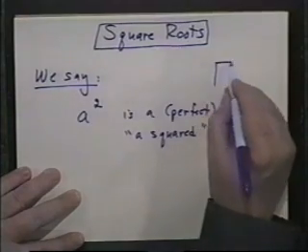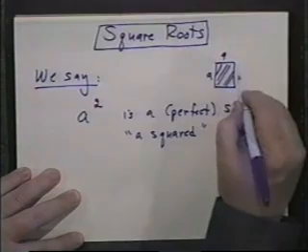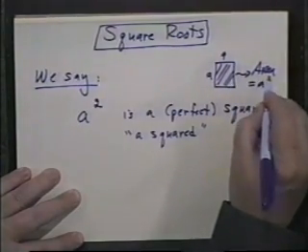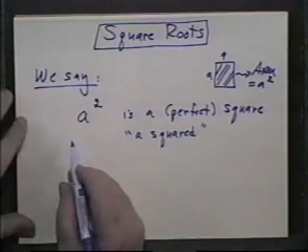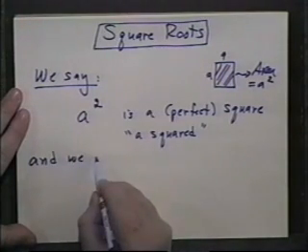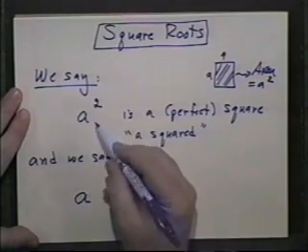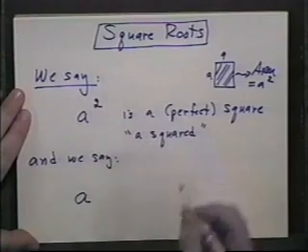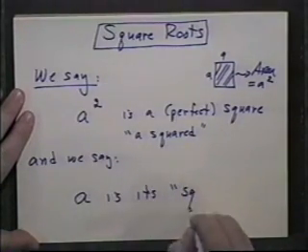Remember, that's because if you have a square of side a, then the area of that square is equal to a times a, or a squared. Once we say that, we say also the following. We say that a, the number here that is taken to the second power, the base, the thing being squared, is its square root.